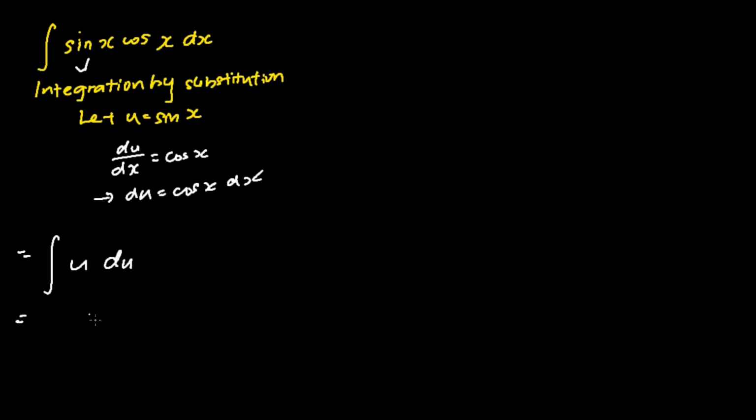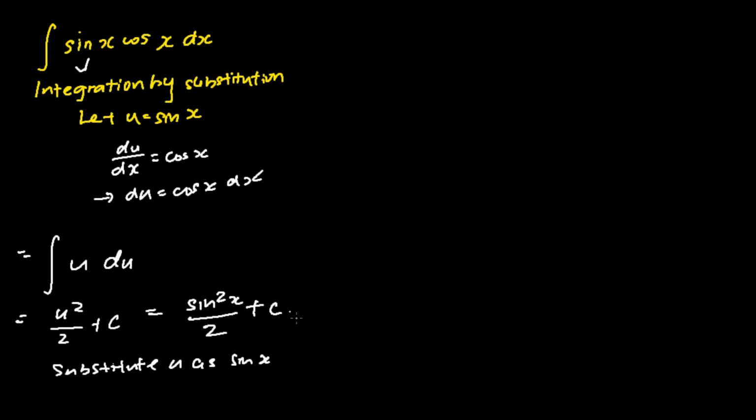And the integral of u du is just basically u squared over 2 plus c. Last but not least, substitute u as sine x, and we get the final answer as sine square x over 2 plus c.